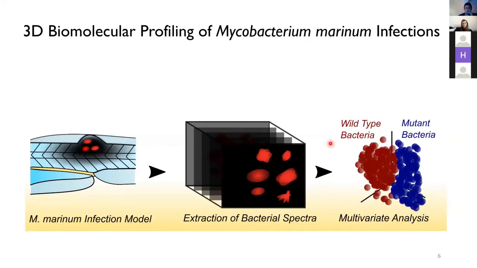So we started applying Raman spectroscopy for analysis, and we were working in a zebrafish model of tuberculosis, where we infect the fish with bacteria called Mycobacterium marinum, which is a close relative to the Mycobacterium tuberculosis, and it causes an infection that mimics the early pathogenesis of tuberculosis inside the zebrafish.